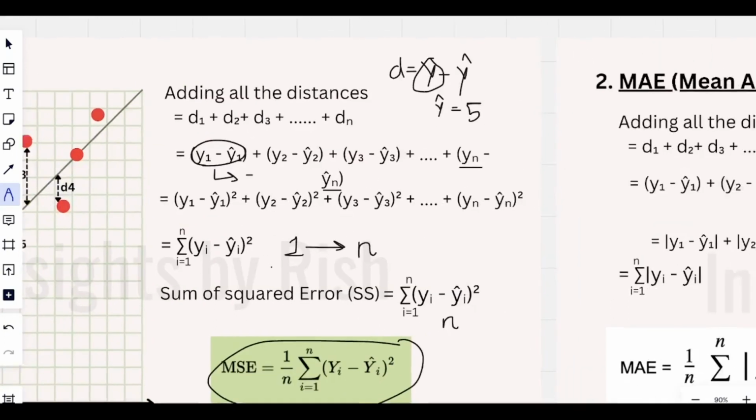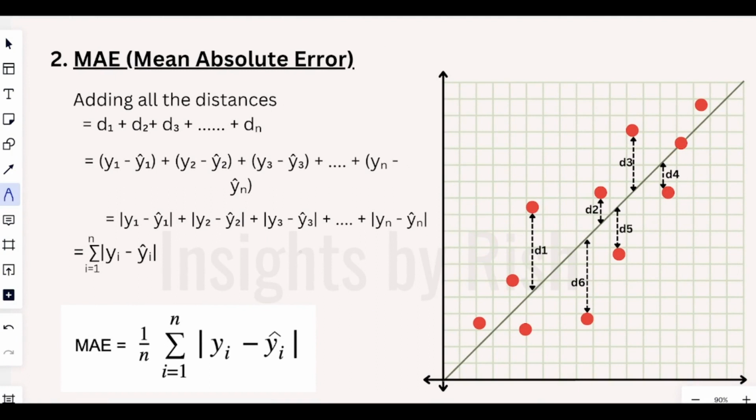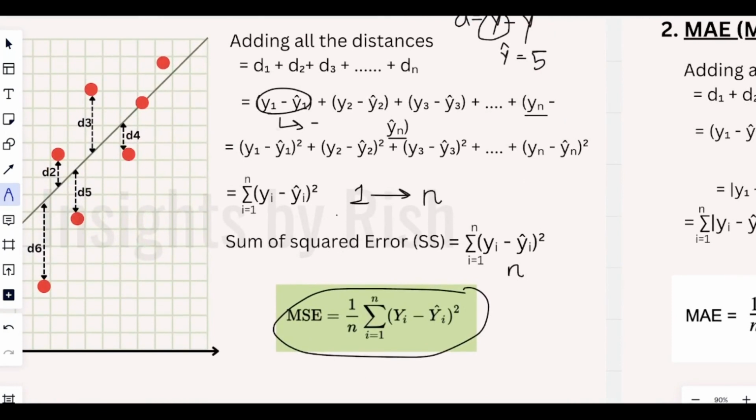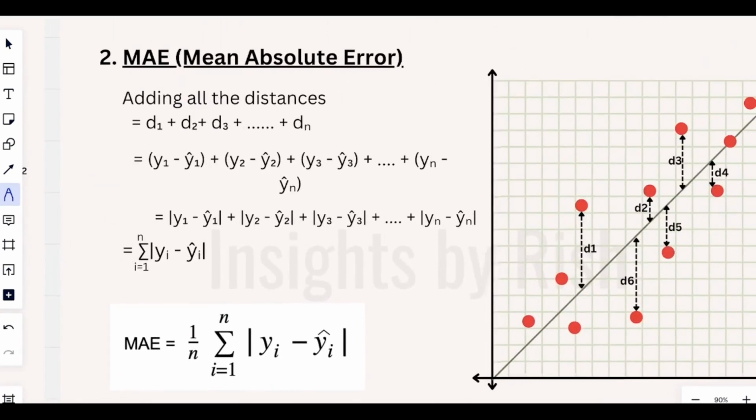The second one is mean absolute error. Mean absolute error is very similar to mean squared error. The only difference is that in mean squared error, to prevent this element from tending to some negative value, we took the square of it. But in mean absolute error, you take the absolute value, the modulus of that element, instead of squaring it.